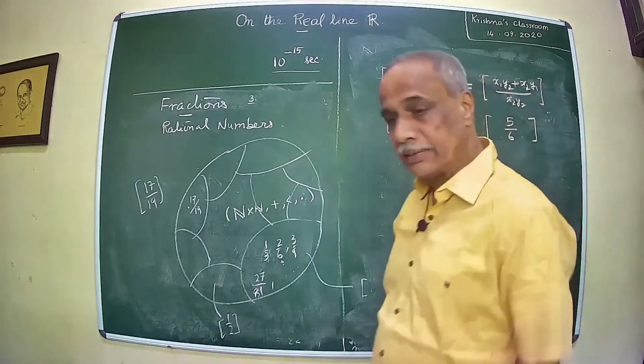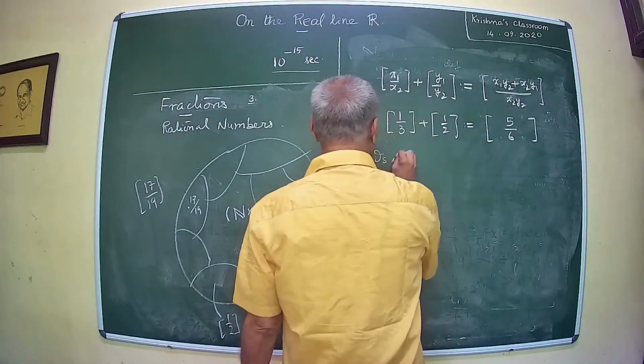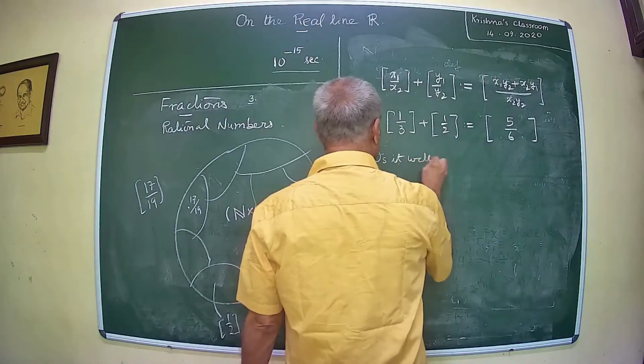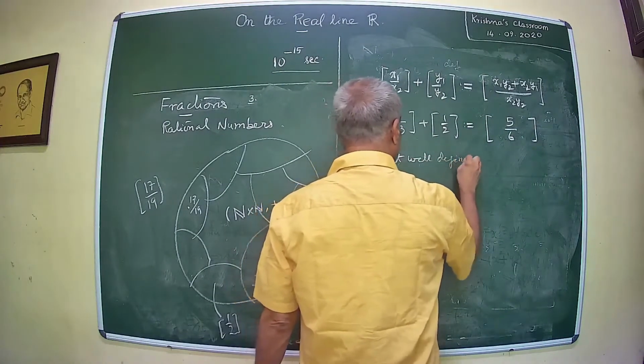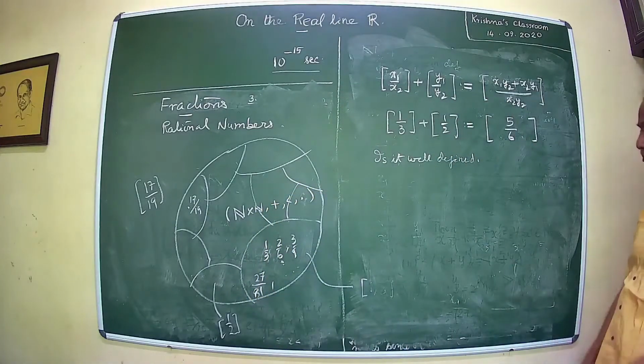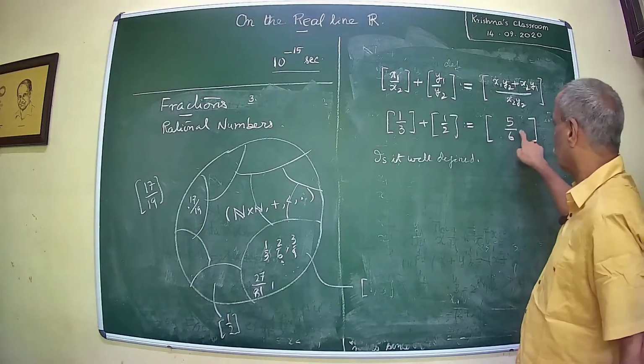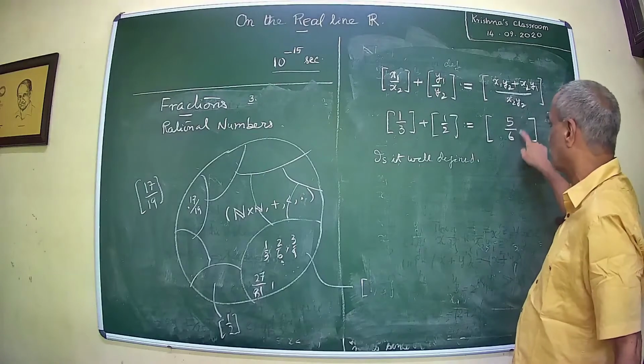Okay? But there is a question. Is it well defined? Because the reason is this. After all, I may take 1 by 3 and 1 by 2 to construct this 5 by 6.